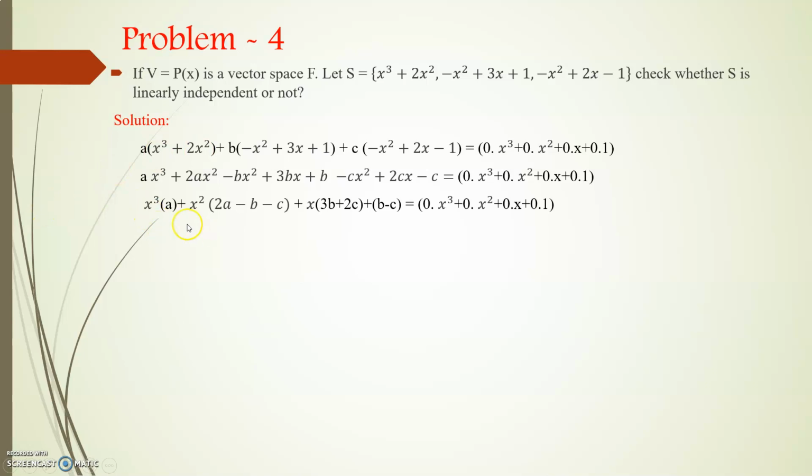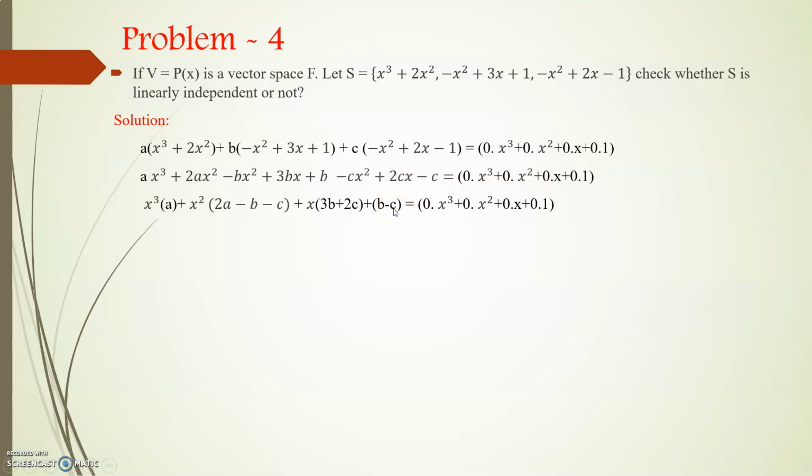Only one x³ term, so a. The x² term is 2a − b − c. The x term is 3b + 2c. The constant term is b − c.